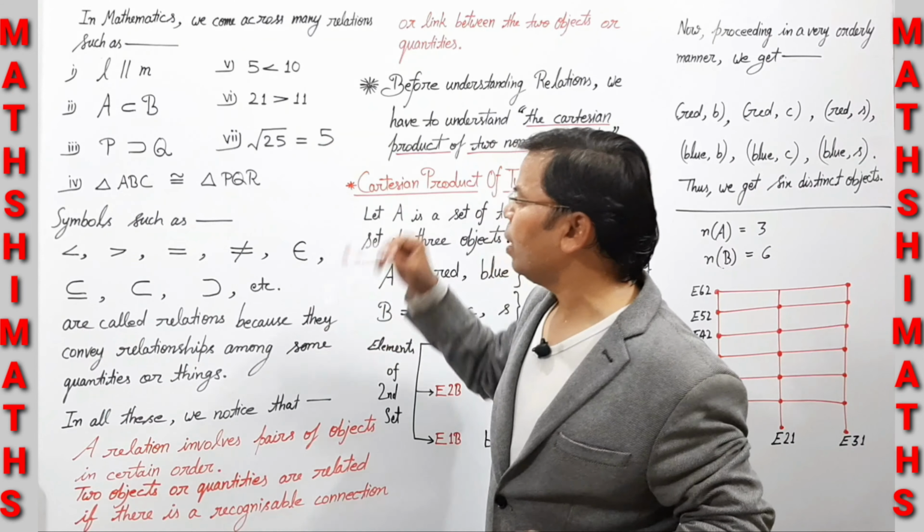Let A be a set of two colors and B be a set of three objects. Let the elements of set A be red and blue, and the elements of set B be B, C, S, where B denotes bag, C denotes coat, S denotes shirt.